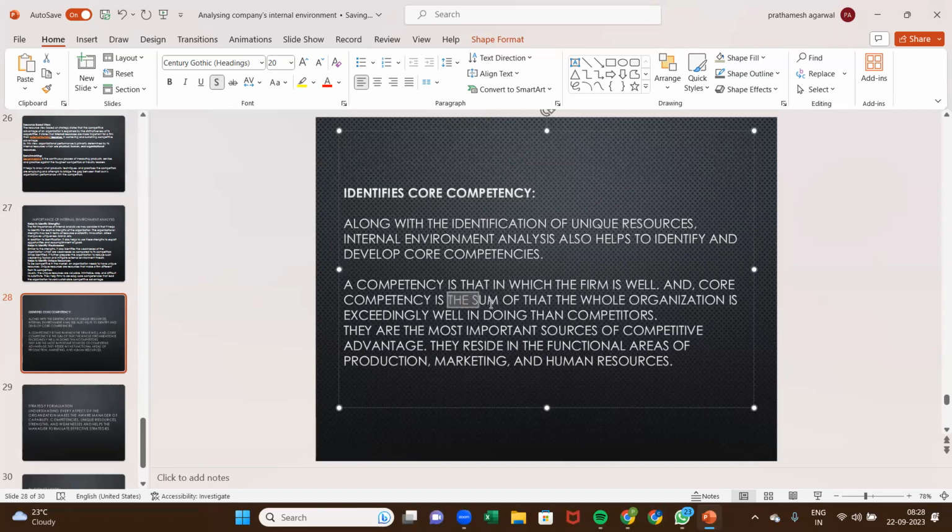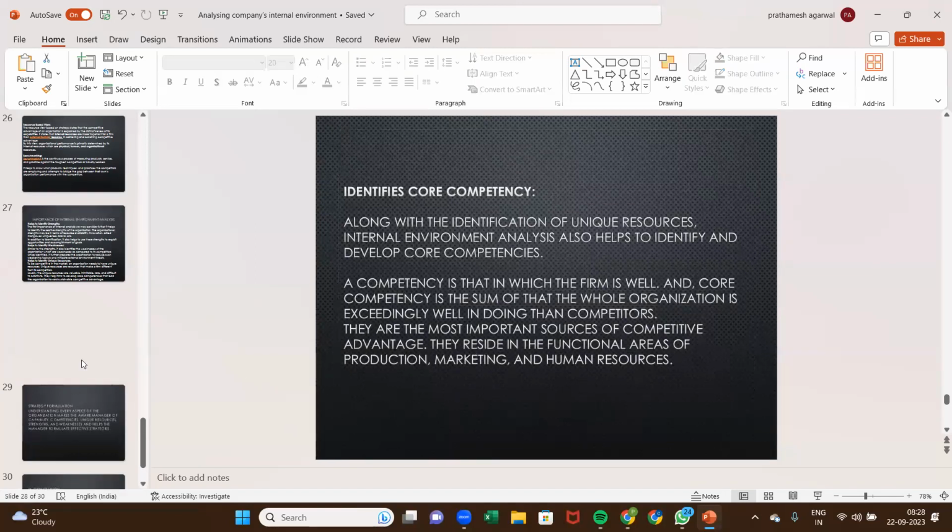See, core competencies are the sum of the whole organization's exceedingly doing well. So our organization is doing well. Why? Because of the core competencies. Then what core competencies do we have? That we need to summarize. They are the most important sources of competitive advantage. They reside in the functional areas of production, marketing, and human resource.